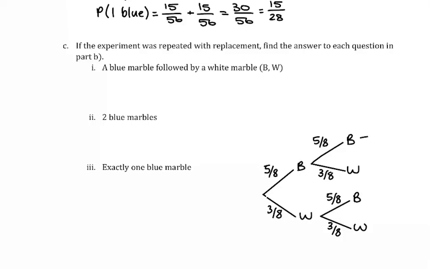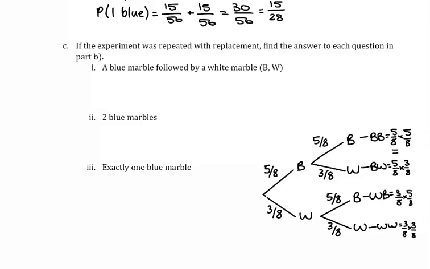So for blue, blue, it's 5 over 8 times 5 over 8, which we can calculate. For blue, white, it equals 5 over 8 times 3 over 8. For white, blue, it is 3 over 8 times 5 over 8. And for white, white, it is 3 over 8 times 3 over 8.